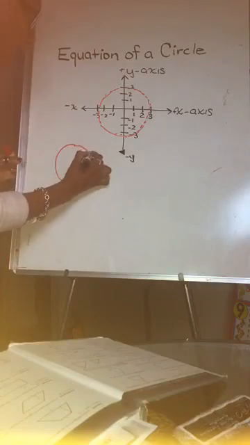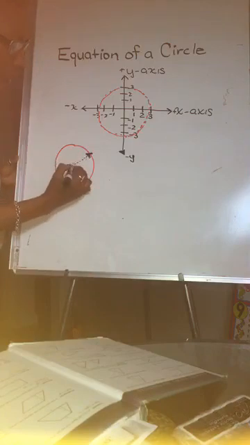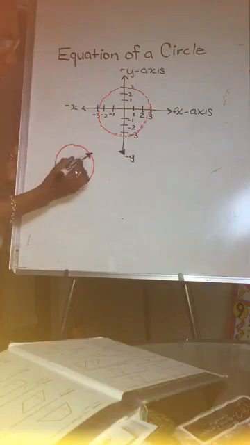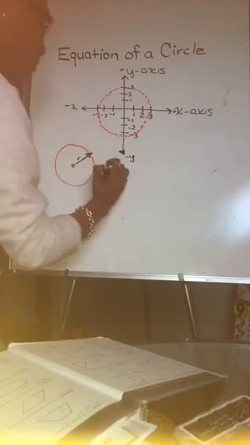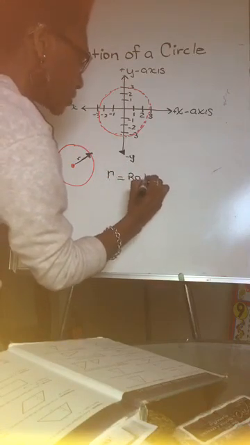So if I were to go anywhere from the center point of the circle, that distance is called my radius. I'm going to put an R to represent your radius. So R stands for radius.